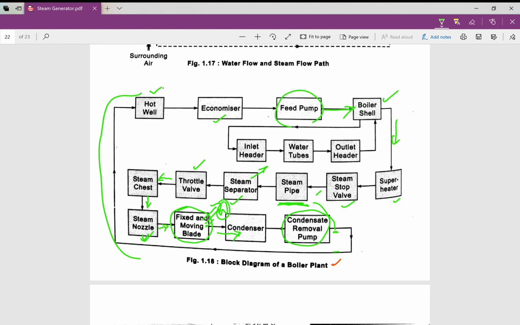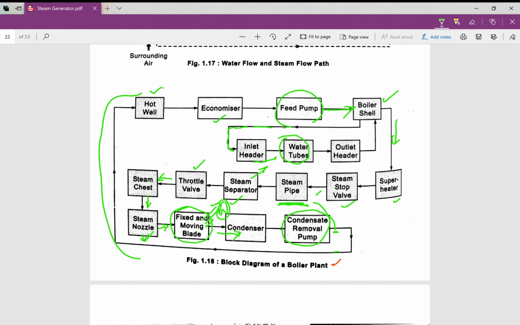Now another circuit, that is for the boiler, starts. From the boiler shell, water comes from the inlet header, cold water through the inlet header, then it gets heated.